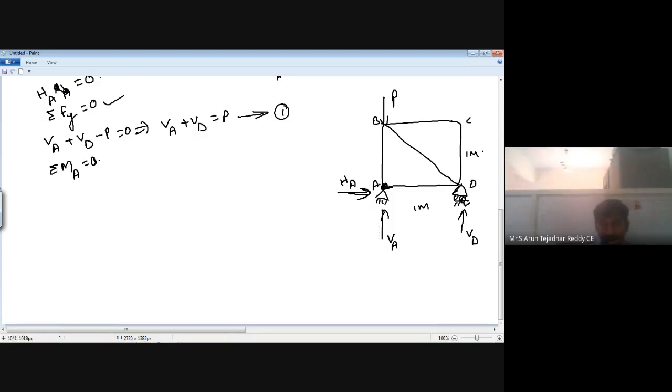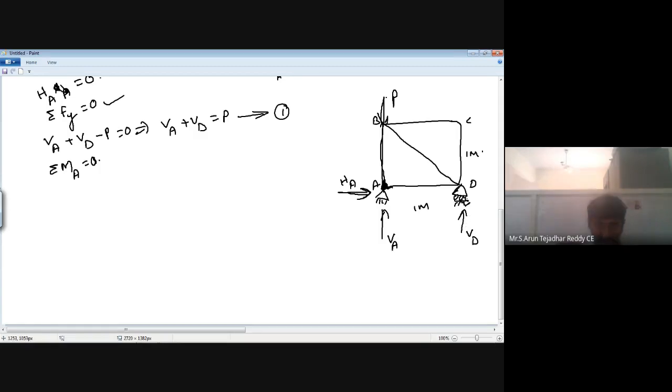Next VA is passing through A, so that is also 0. Next the external load P is also passing through A. So these all are 0 except VD.